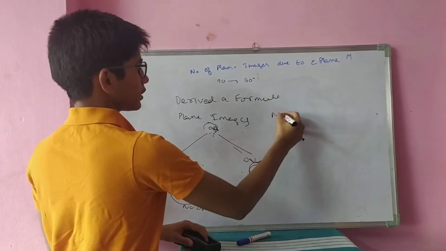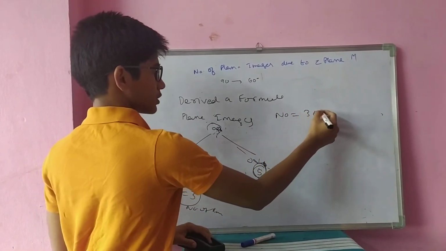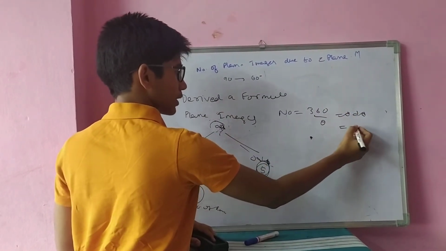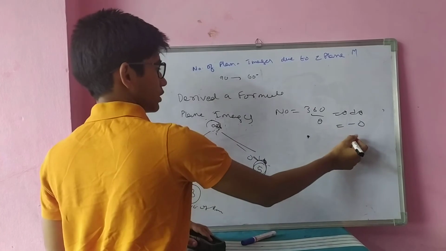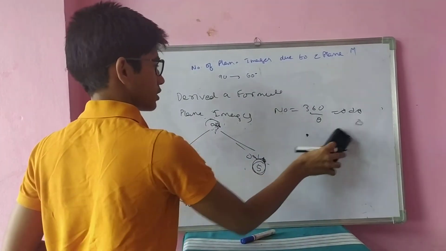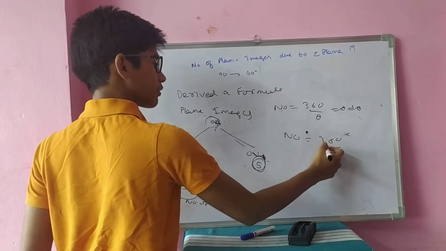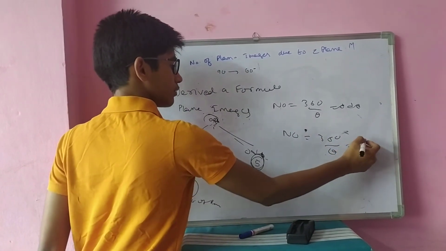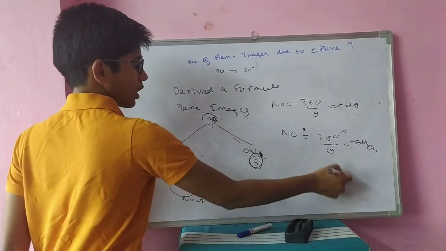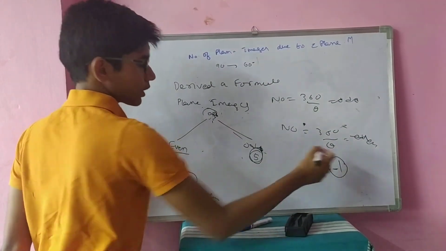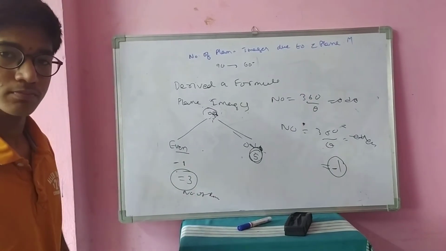If 360 by theta is odd, then we subtract 0, in the sense we keep it as it is. But if 360 by theta is even, we have to subtract 1. Okay? To get the number of images.